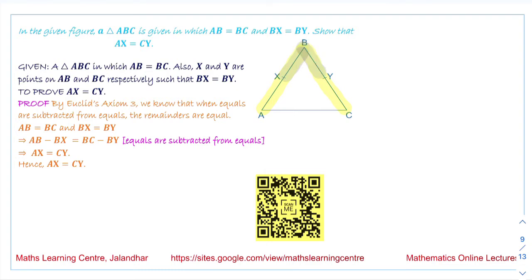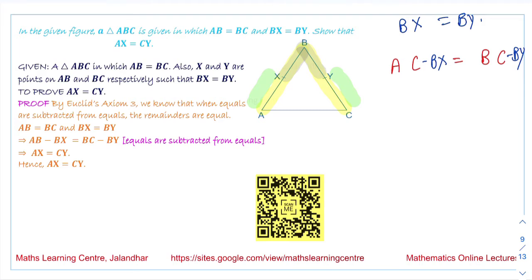Now we have to prove that AX is equal to CY. If we look at this figure, AB is equal to BC is given, and the second thing given to us is that BX is equal to BY. So if I subtract these values from this, it is minus BX, minus BY.